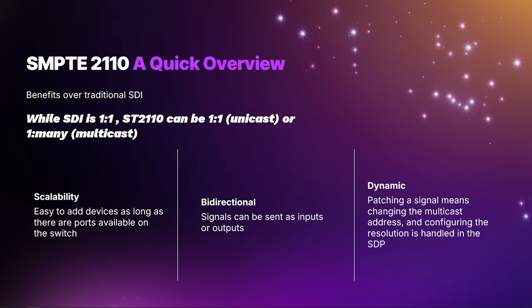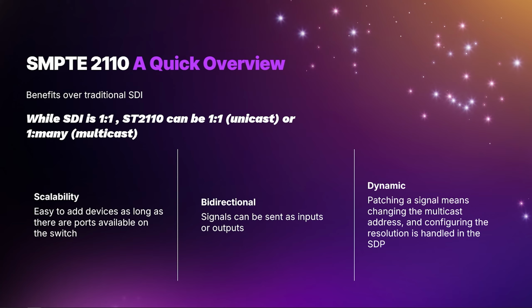So while with SDI, each port specifies whether it's an input or an output, SMPTE 2110 can be bidirectional, so you can send and receive on the same port, which is quite powerful. That also makes it very flexible and easy to scale. Whereas before you were constrained by how many ports, say, you had available on your video matrix.